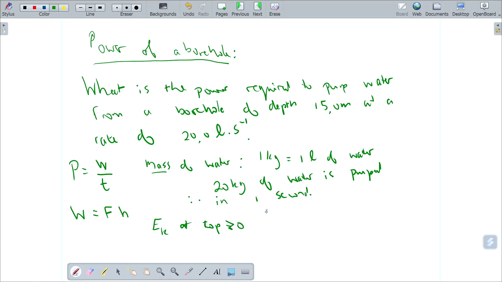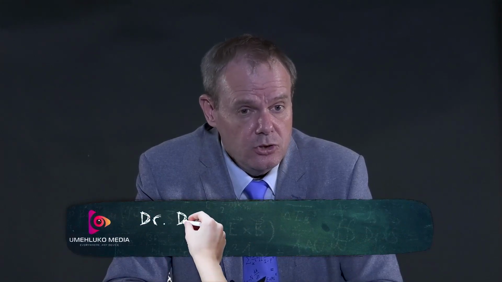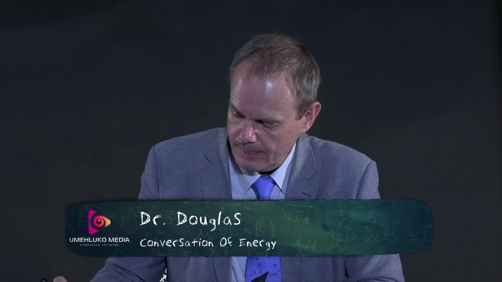We don't know what the kinetic energy is, but it will be greater than 0. We can also assume that the kinetic energy at the bottom of the well is going to be 0 because it will start from rest. And remember, we are dealing with work and energy, and so we can use this change in kinetic energy to help us calculate the power that's required.